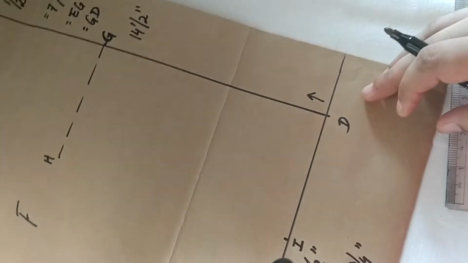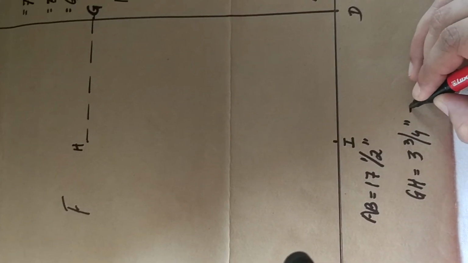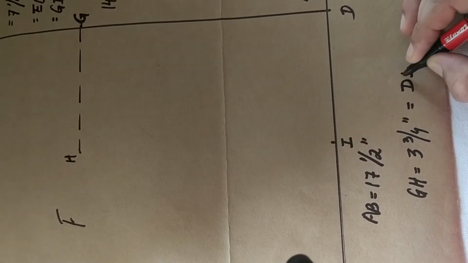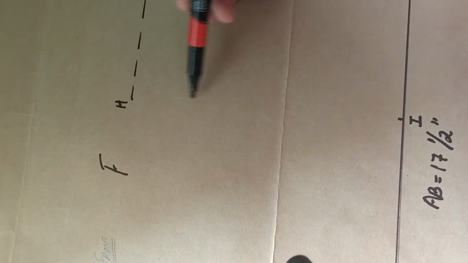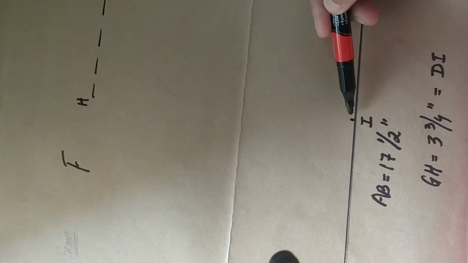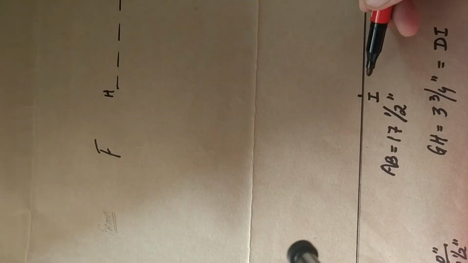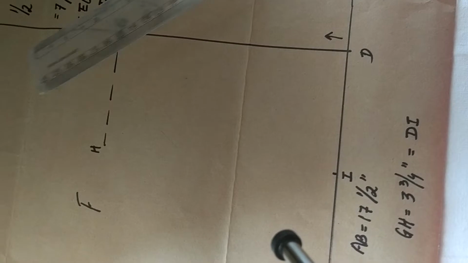One is that you directly measure from D to I, and that is 3 by 4 inches. Another method can be that you square out H. So you bring it down, and wherever it intersects with the BD line, this point will be labeled as I. So what I'm going to do now is join H to I with a straight line.